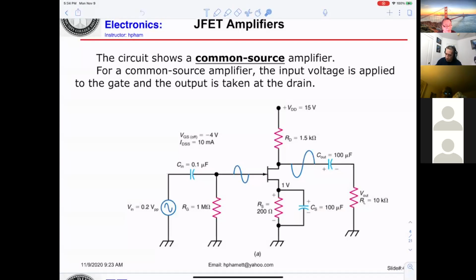You can use fixed bias directly. However, in this case, they have not given a graph. What else do they give you? Looking into the circuit.